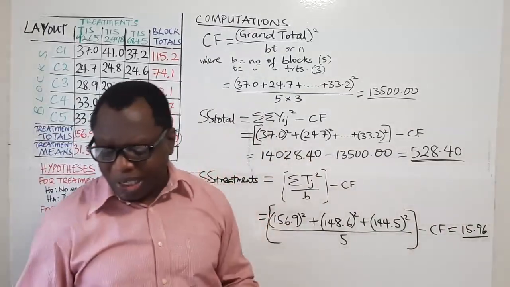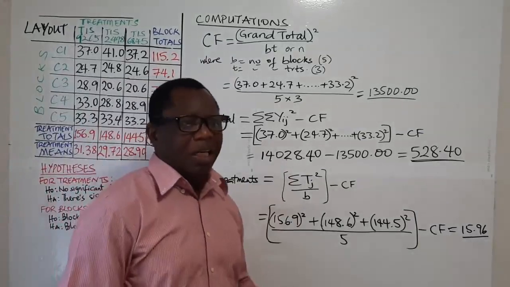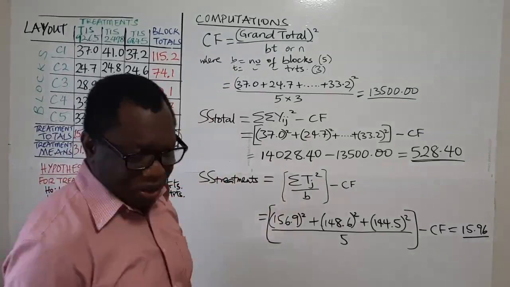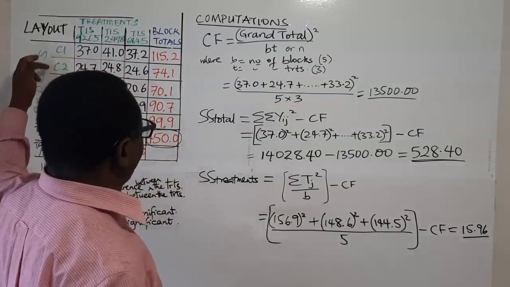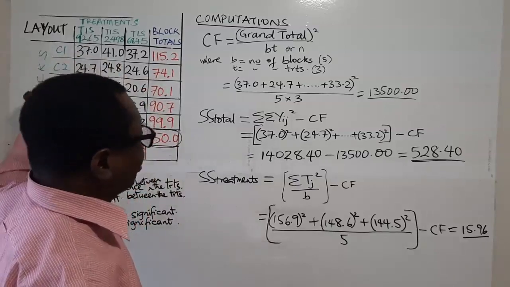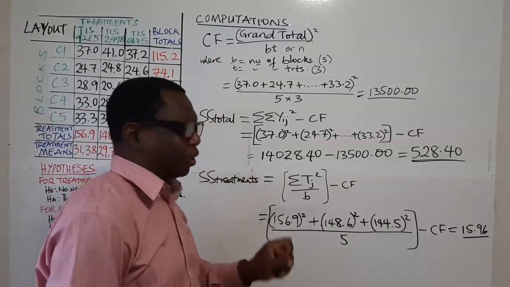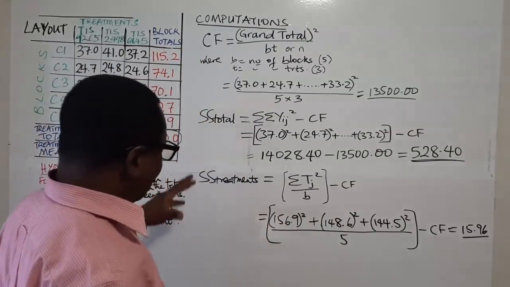But what separates CRD from RCBD is that there is an additional source of variation in the experiment, as we discussed in the last video. And that is variation due to blocks. So to be able to capture that, we will also compute sum of squares for blocks. And that's the next thing we want to quickly do. So how do we do that?